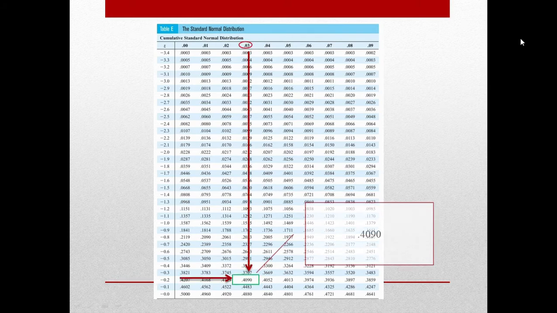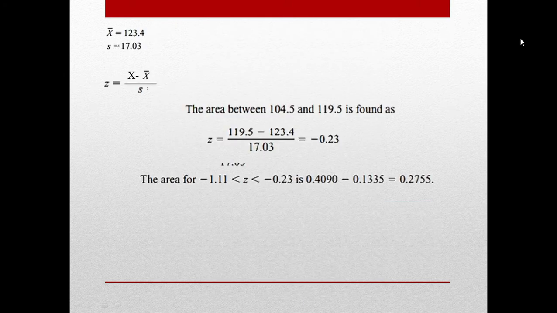So the area of Z greater than negative 1.11 and less than negative 0.23 is 0.4090 minus 0.1335, which is equal to 0.2755.